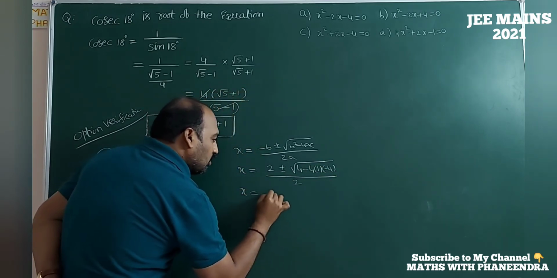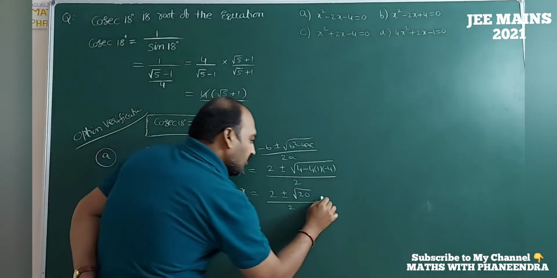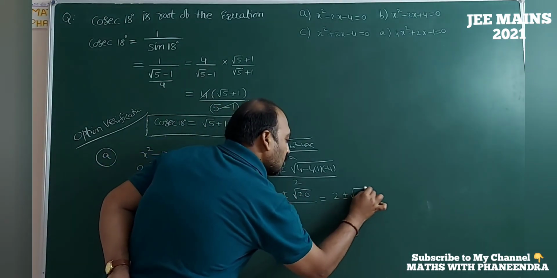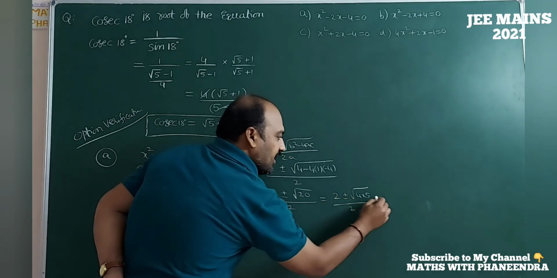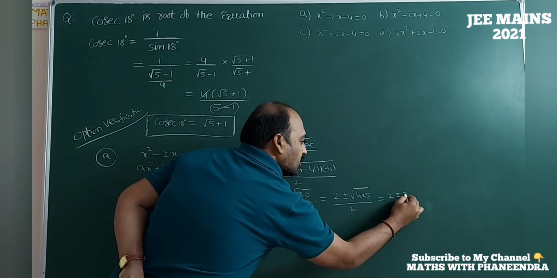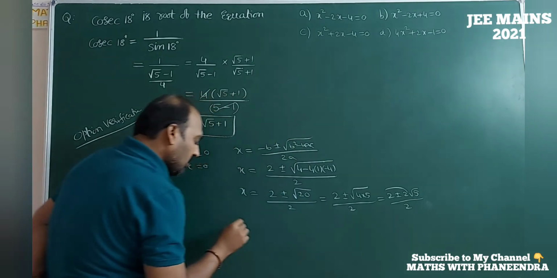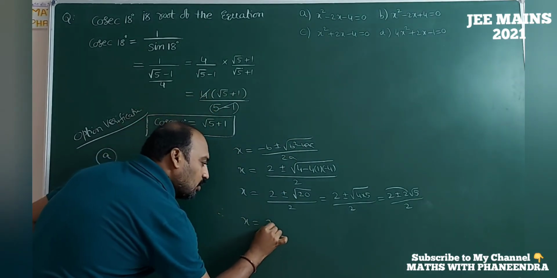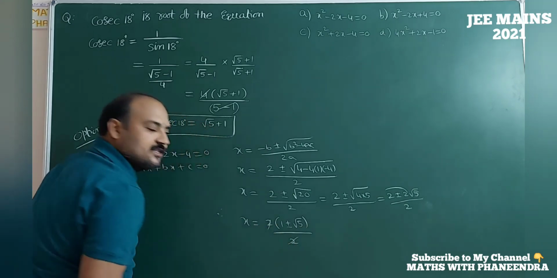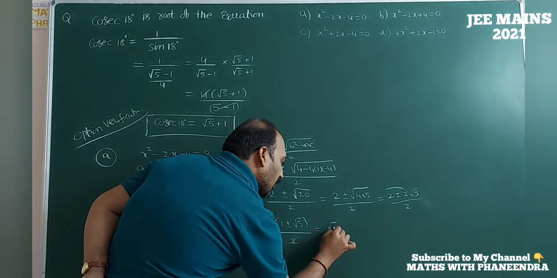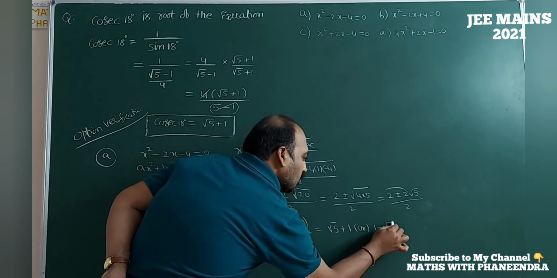So x is equal to 2 plus or minus root 20 divided by 2, which is equal to 2 plus or minus root 20, which can be written as 4 into 5, divided by 2. 4 we can take outside. So it will become 2 plus or minus 2 root 5 divided by 2. 2 take common and cancel here. Therefore, x is equal to 2 into 1 plus or minus root 5 divided by 2. 2 gets cancelled. So root 5 plus 1 or 1 minus root 5.